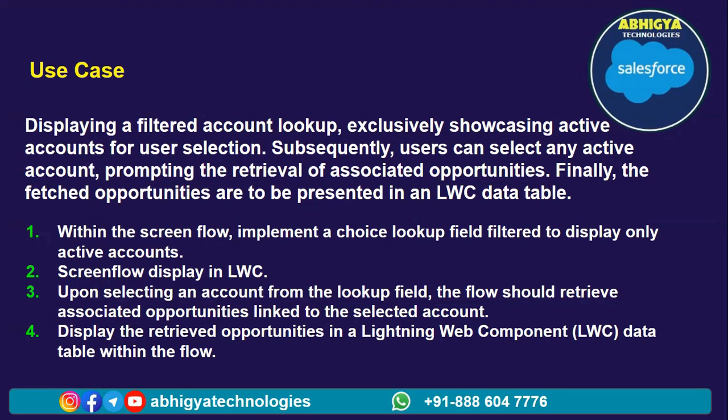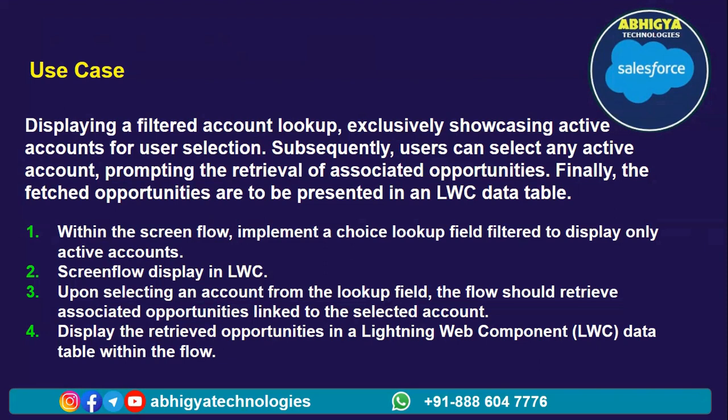So we have the choice lookup field, and based on that we filter the record and retrieve the opportunities. After that, we display the opportunities in the standard data table format, which is why we are using the LWC data table. How do we pass the data from the flow to the LWC component?